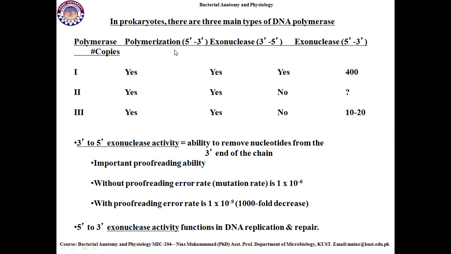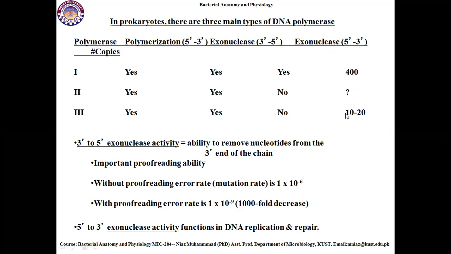Polymerization 5 prime to 3 prime. These carry out the function of polymerization in the 5 prime to 3 prime direction. Exonuclease 3 prime to 5 prime activity and exonuclease 5 prime to 3 prime activity: polymerase 1 is working, polymerase 2 is not working, and the third is not working.